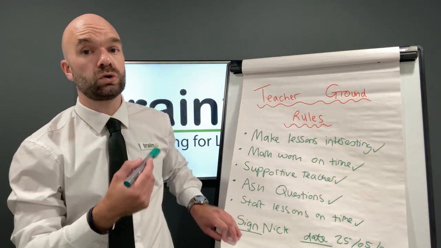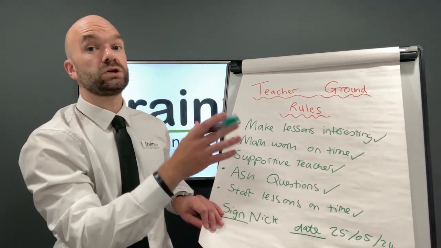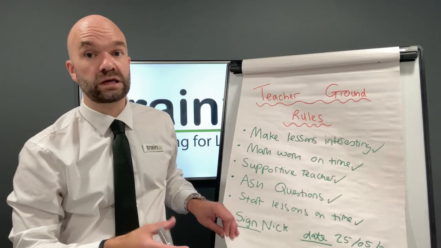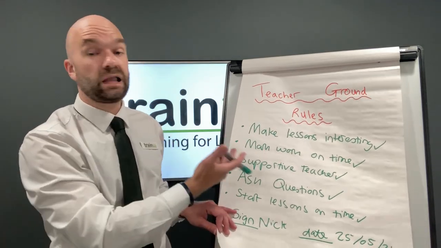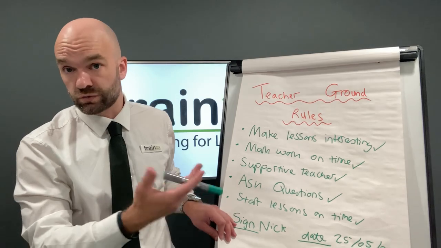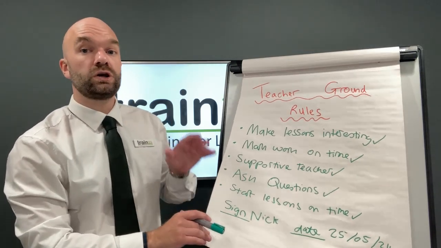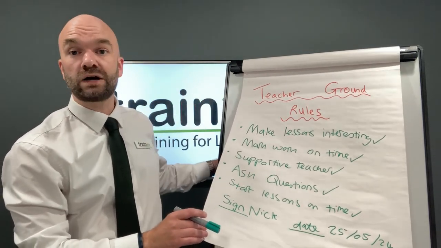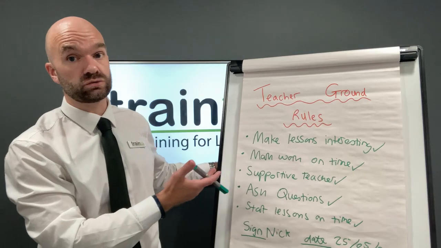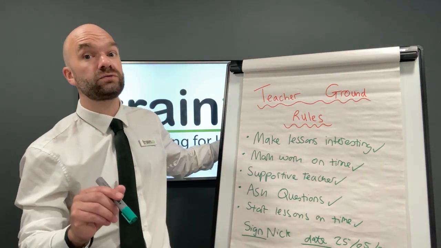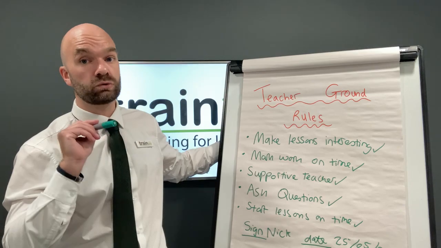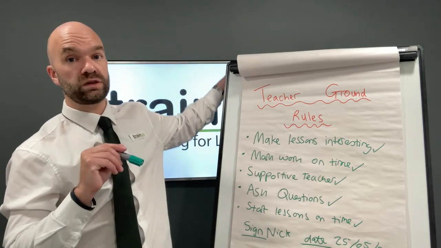There might be many more, of course, but this can go on the wall as well, okay? Once again, if it's a day course or a year-long course, you can laminate your classroom rules, of course. But therefore, you have, yes, your ground rules, but you also have your teacher rules as well, okay? Do try it. It's incredibly powerful, and I think your learners will respect you for coming up with these ground rules as well, okay?